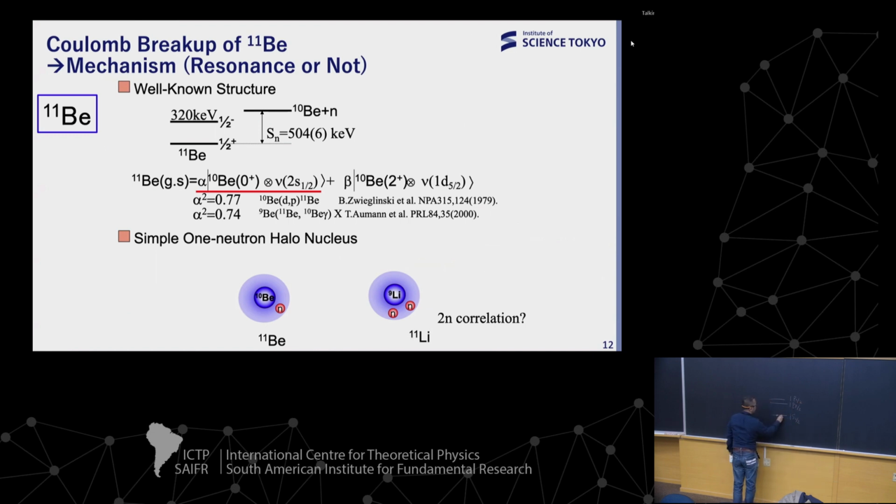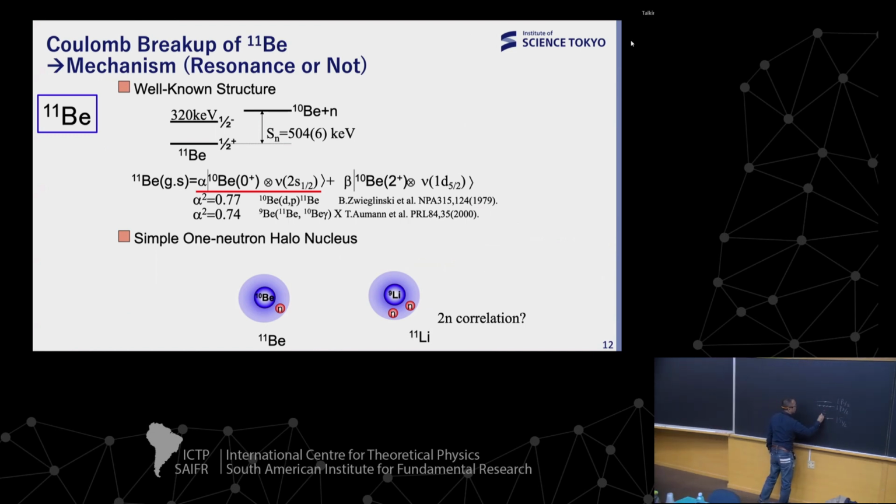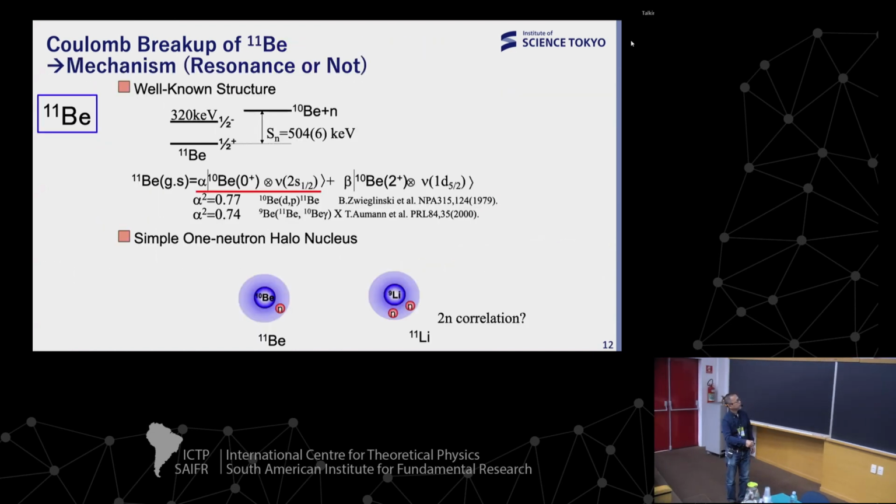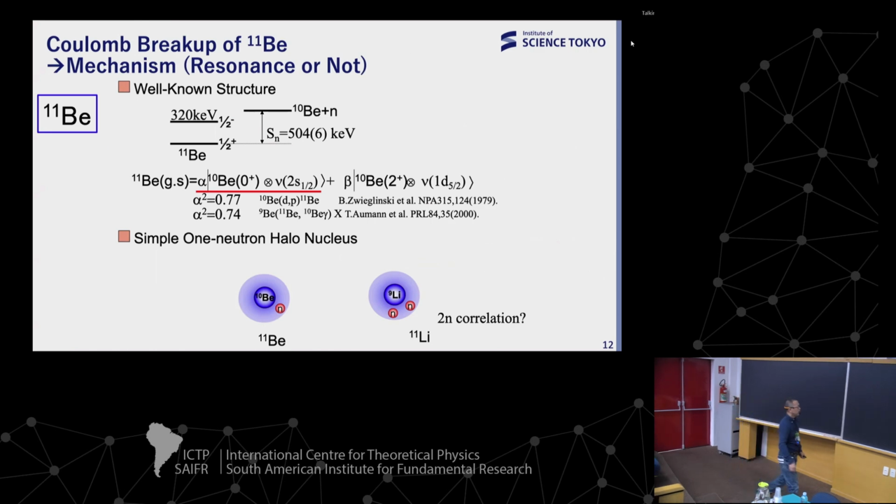So 1, 2, 3, 4, 5, 6, 7. So usually, normal ordering tells us that it should be p1/2 neutron. So 1/2 minus should be the ground state, but instead it is the upper one.